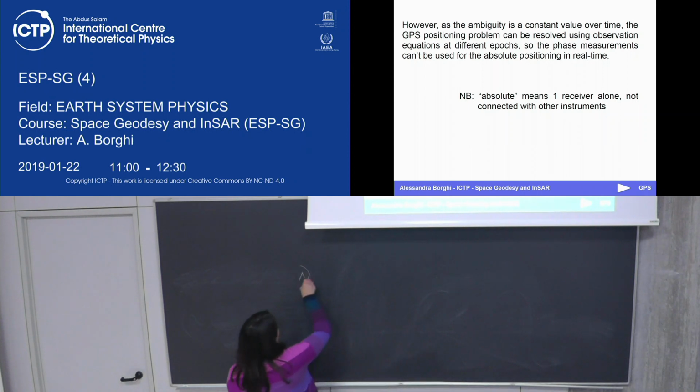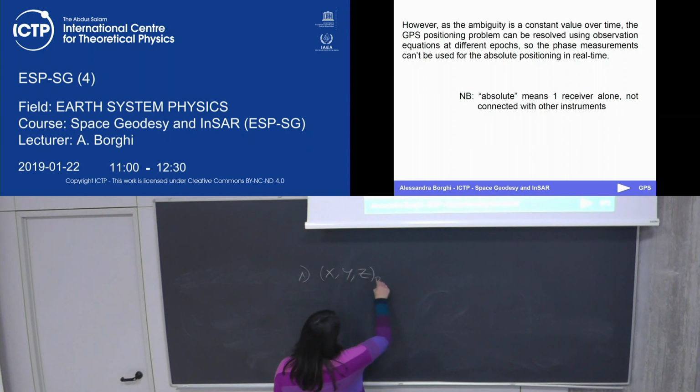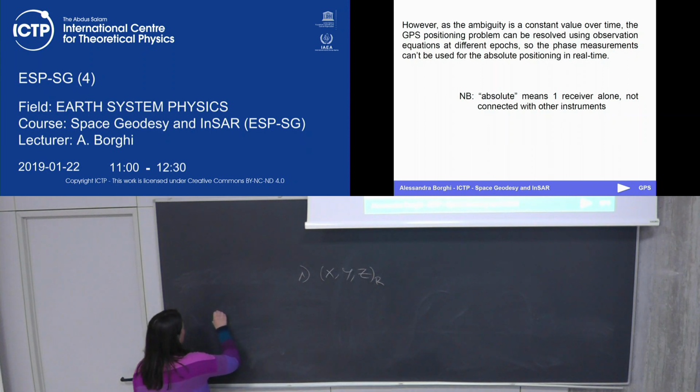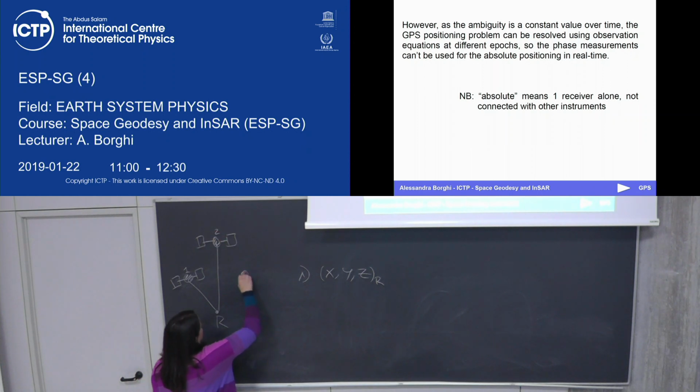at epoch 1 we have as unknowns x, y, z of the receiver, and if you see four satellites, I'm going to draw. Satellite 1, satellite 2, satellite 3 and satellite 4.